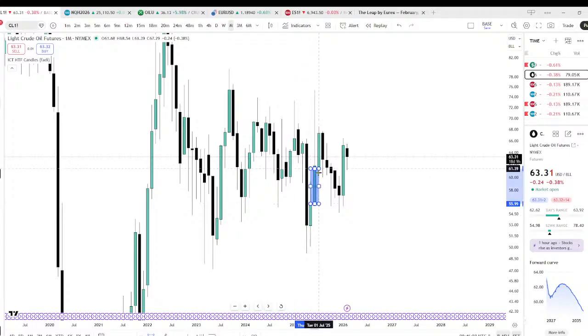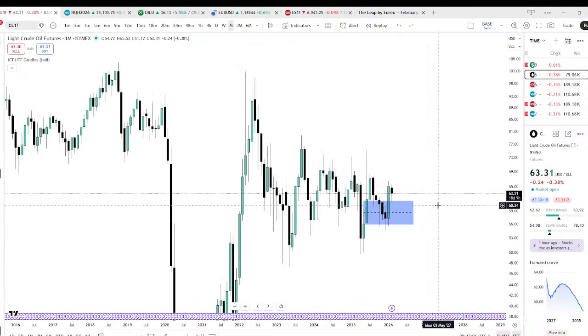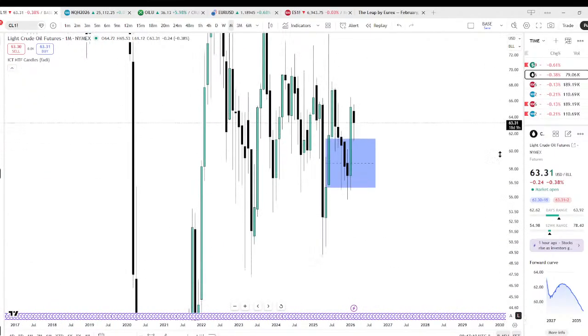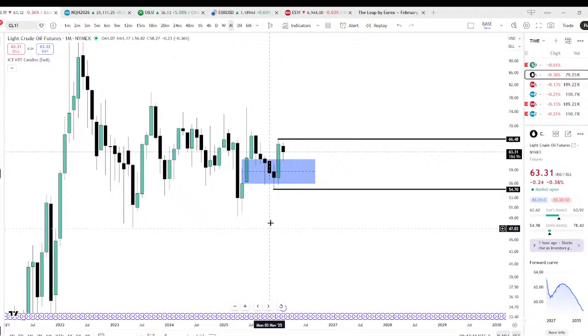So we had this, which we were respecting. But our last 3 days look like this. That's our range.